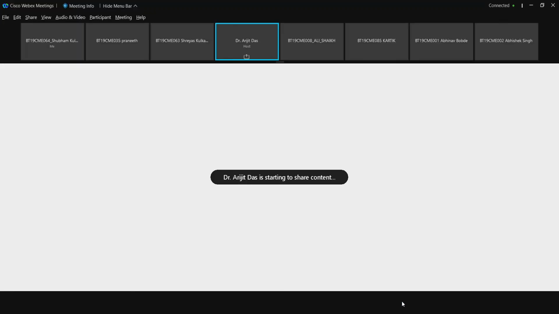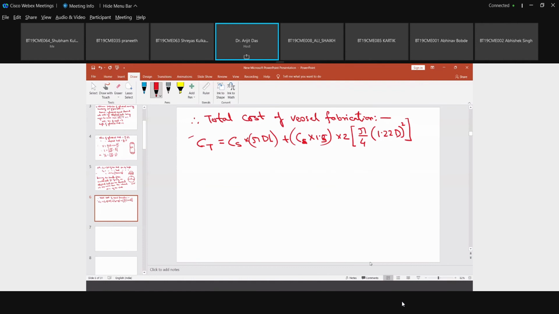Then the rest portion is very easy, as you have found maxima and minima in your calculus. L is a variable, D is also a variable, so both are variables. So we will substitute the L value here.